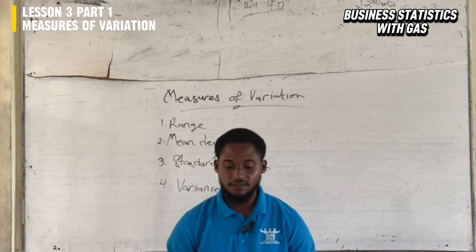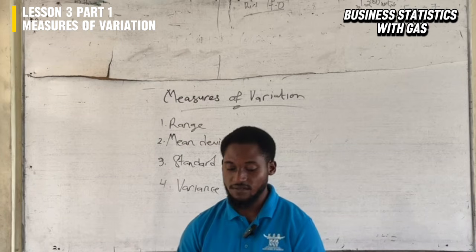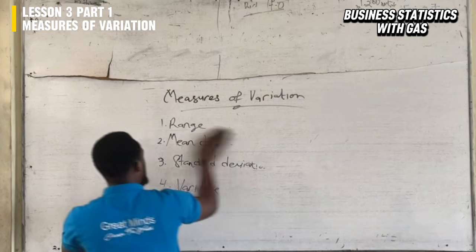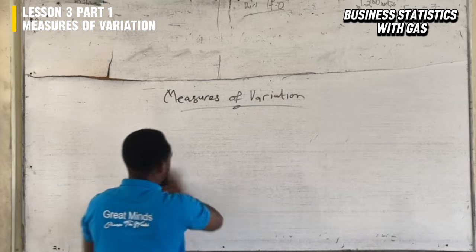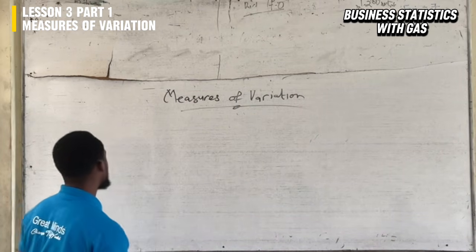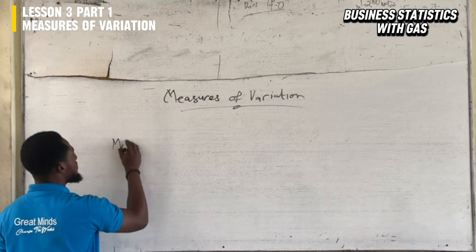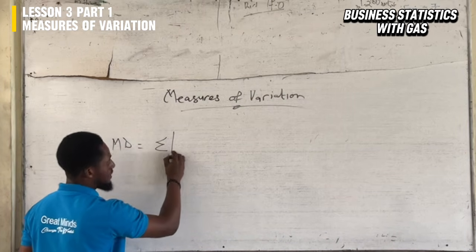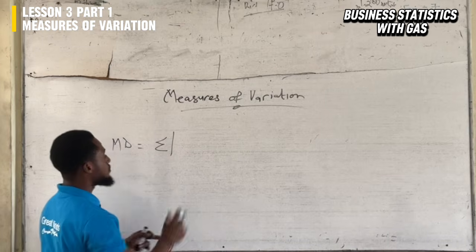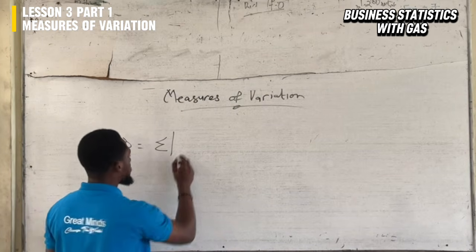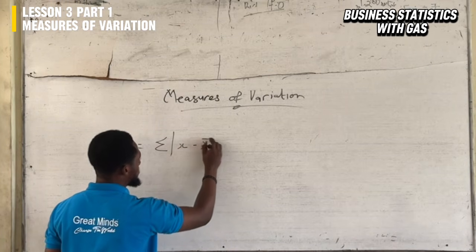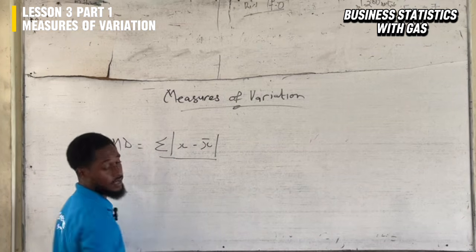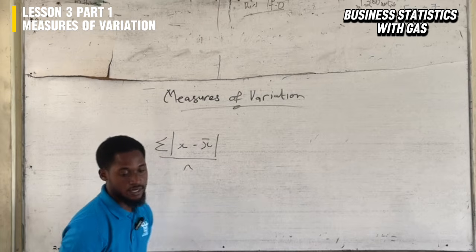So now, mean deviation. This is the formula for mean deviation for ungrouped data. Mean deviation, MD, equals sigma of the absolute value of x minus x bar, divided by n.